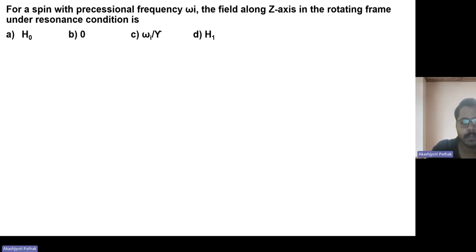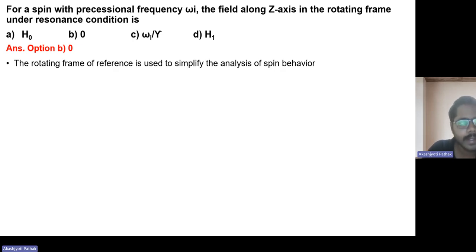Okay, so we'll move ahead with the answer in this case. The correct option is option B, that is 0. Okay, so why is it so? Why is option B correct?